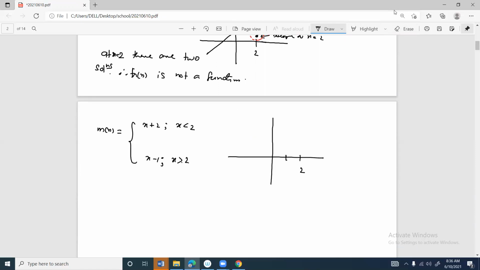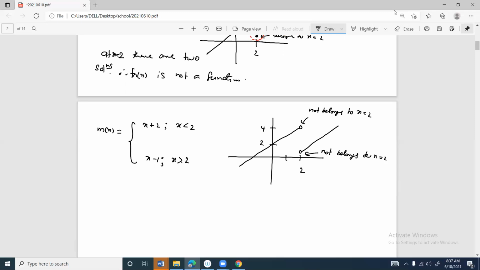At 2, according to this one, it's 4, but this value does not belong to 2. It goes like this. And the other one, x minus 1, is 1. It goes like this. Now you can see this does not belong to x equals 2. This value also does not belong to x equals 2.